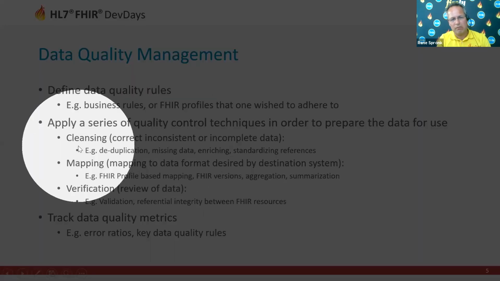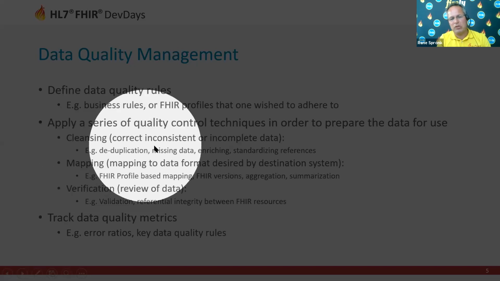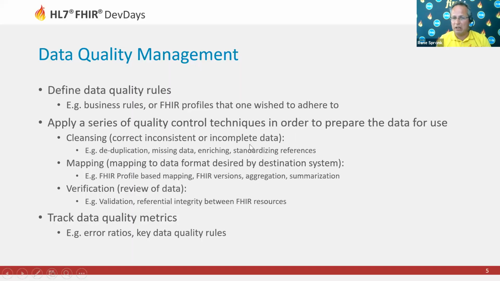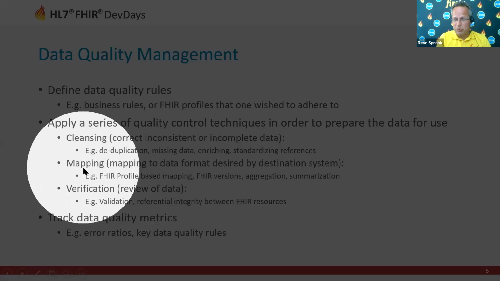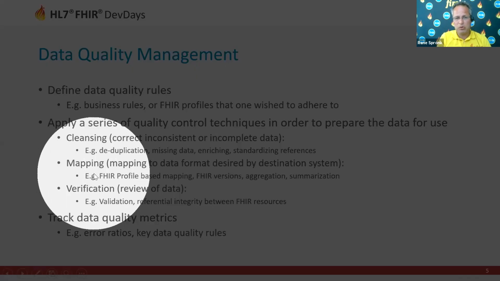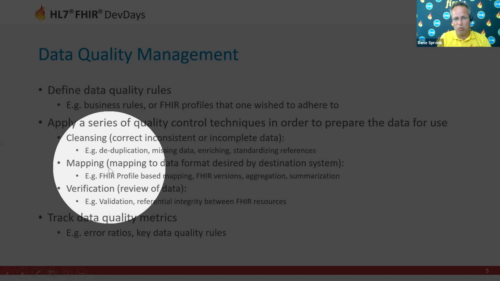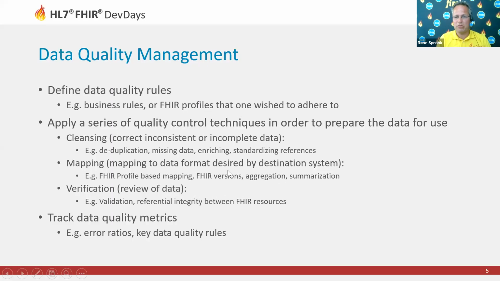Data cleansing, to correct inconsistent or incomplete data, as far as we can detect that, and indeed cleanse or correct that using third-party sources or terminology servers or whatever. Mapping: if we have structural differences perhaps between the source and what the receiver wants to process, then it's going to be a mapping process.